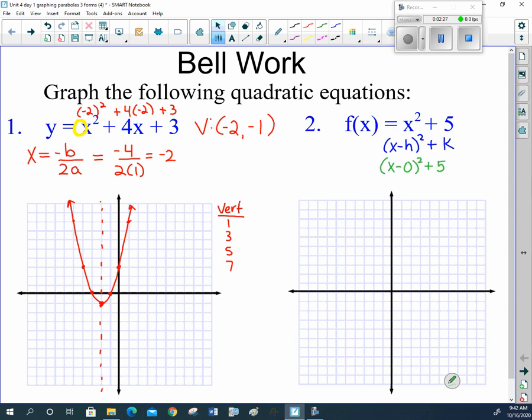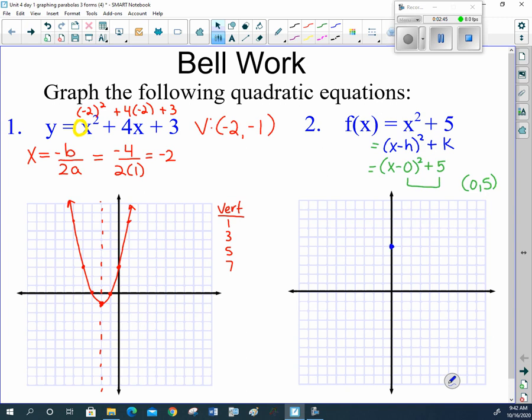So that means your vertex is 0, 5. So I like to think of that as vertex form. You could do the axis of symmetry like we did on the one on the left, and you'd still get the same answer. So 0, 5, 1, 2, 3, 4, 5.